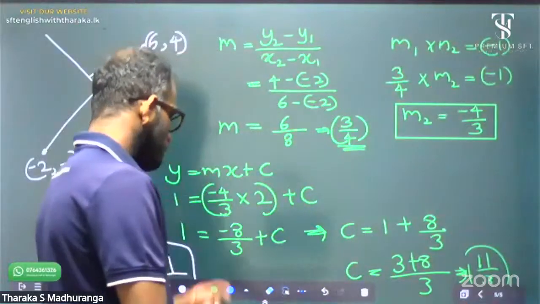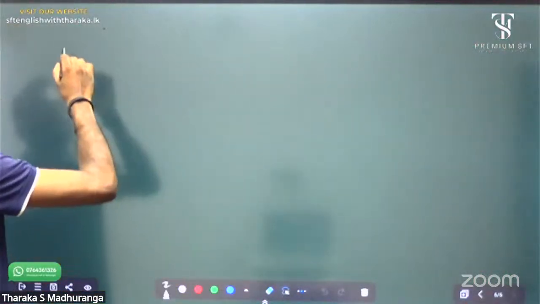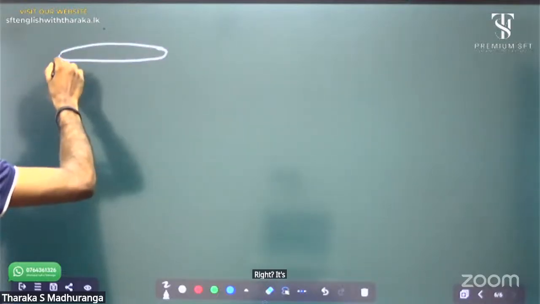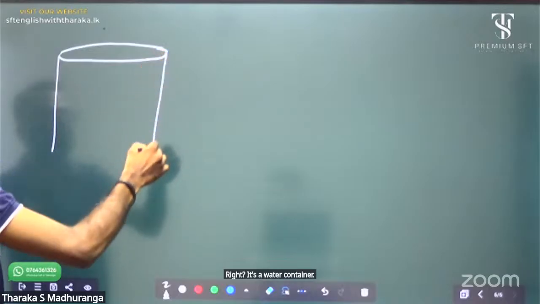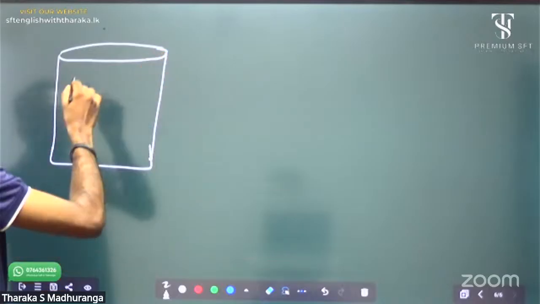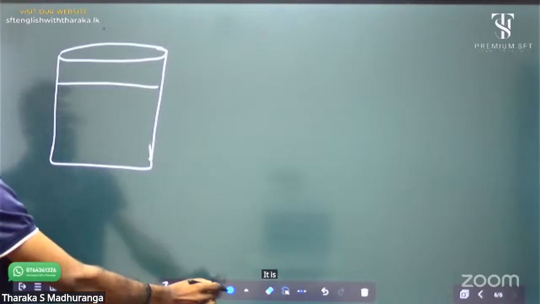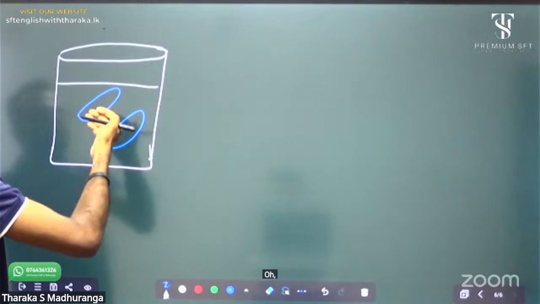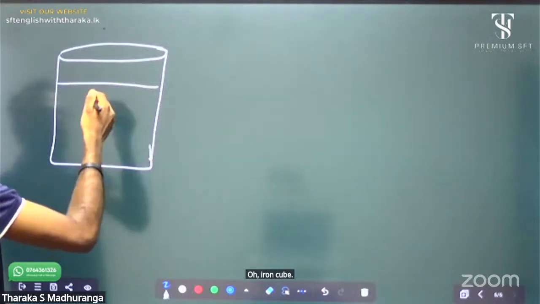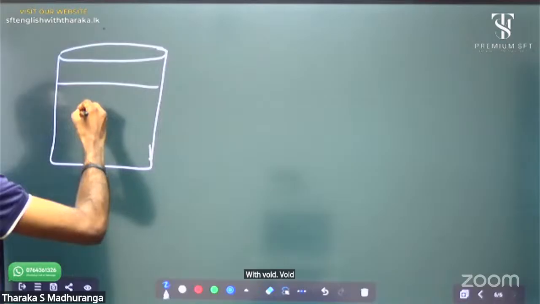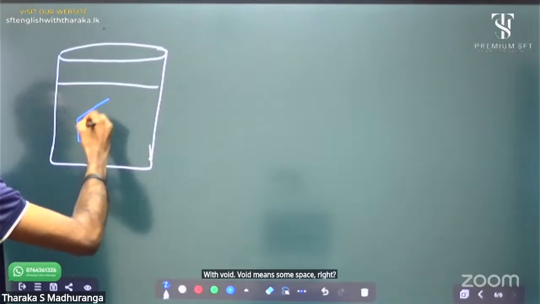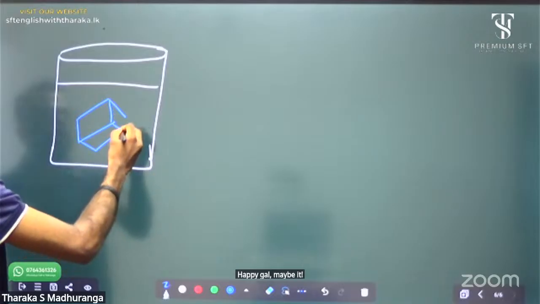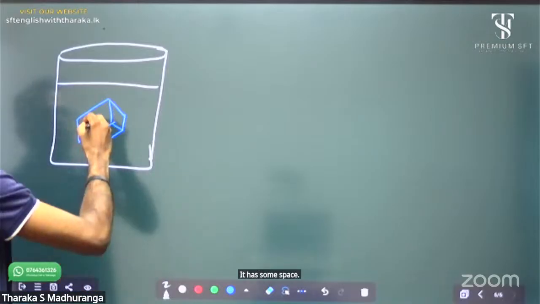Now, this is a water container, right? It is a metal or iron cube with a void. Void means some space, right? It has some space like this.